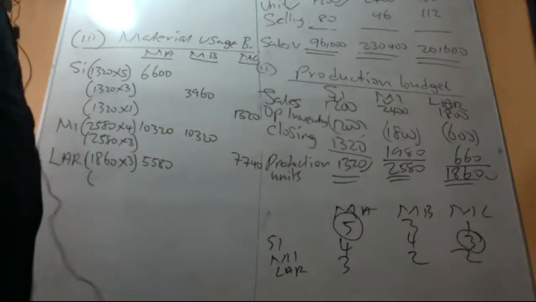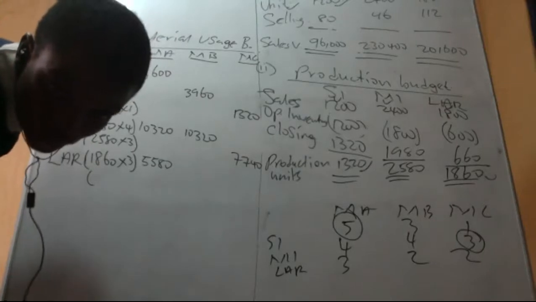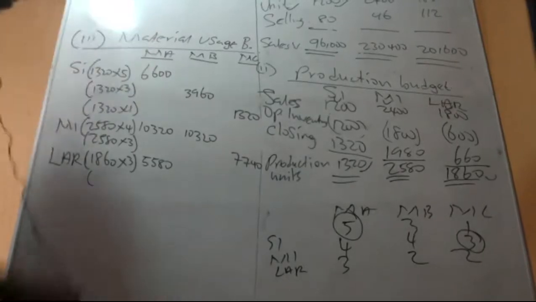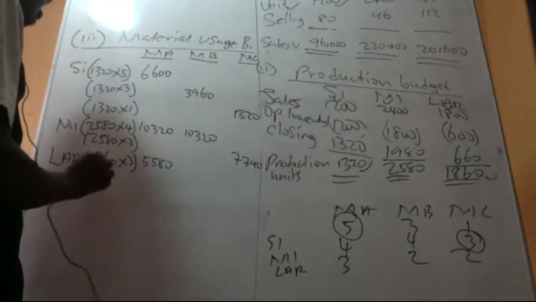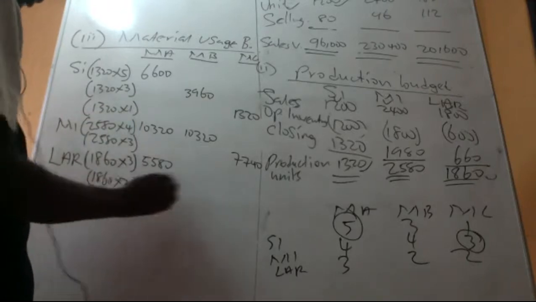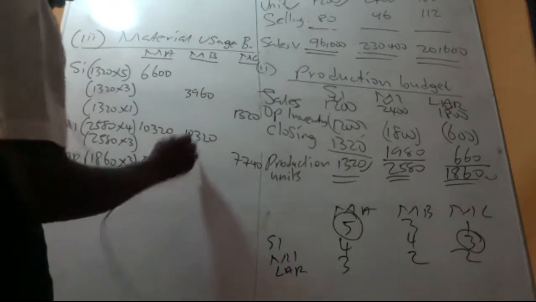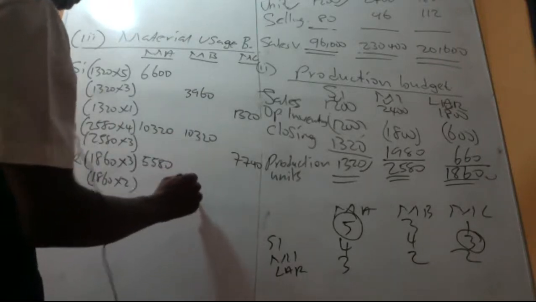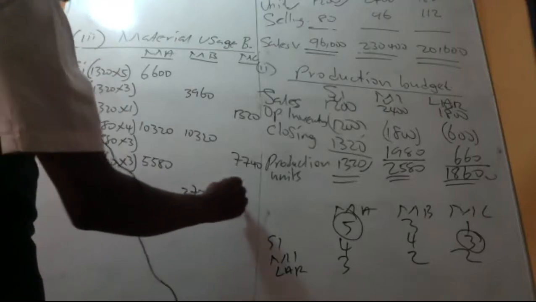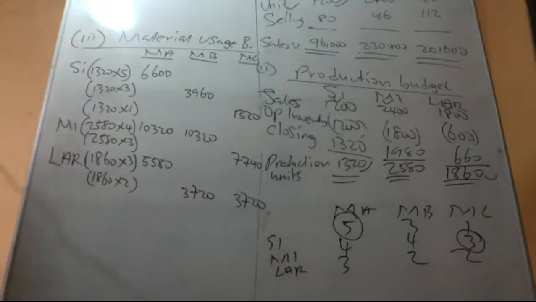What about MB? 3720. Good. So MB will be 1,860 times 2, which gives us 3720. And that's the end of the material usage budget.